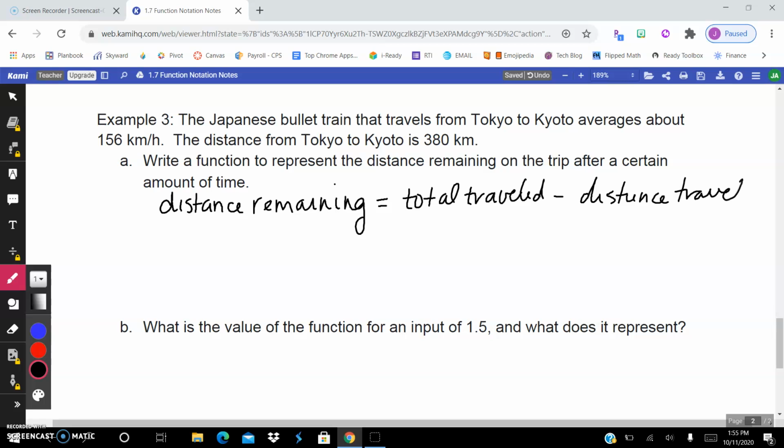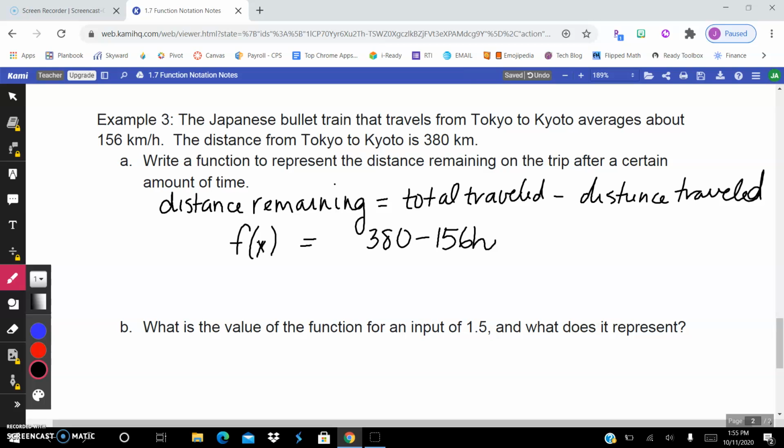So our distance remaining, we could call f of x. The total distance we have to travel is 380 kilometers. And then we're going to take off what we've already traveled, which would be 156 per hour.